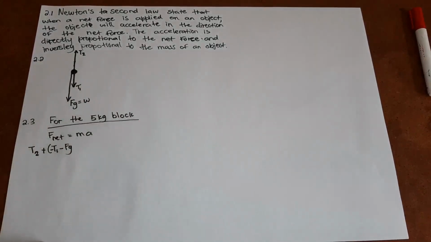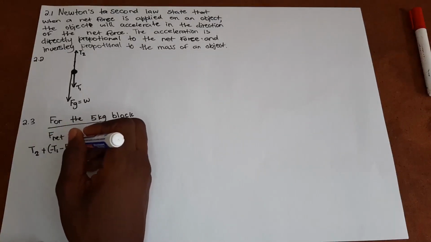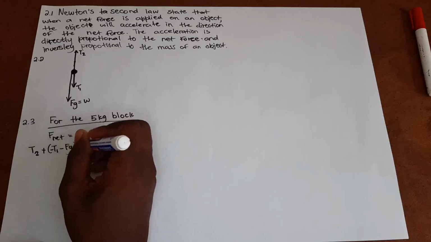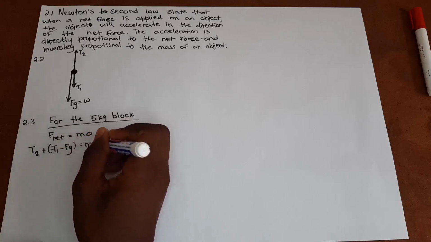T1 is opposing the motion because it's pulling that 5 kg block downwards. That's how it goes.